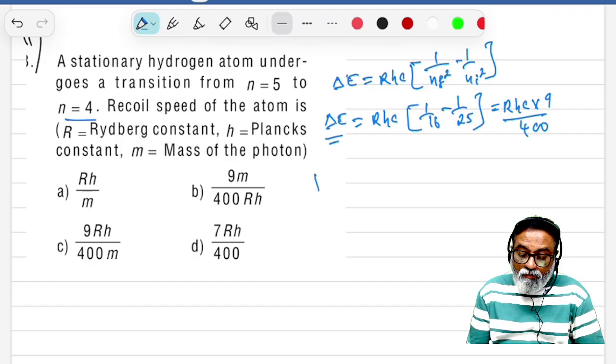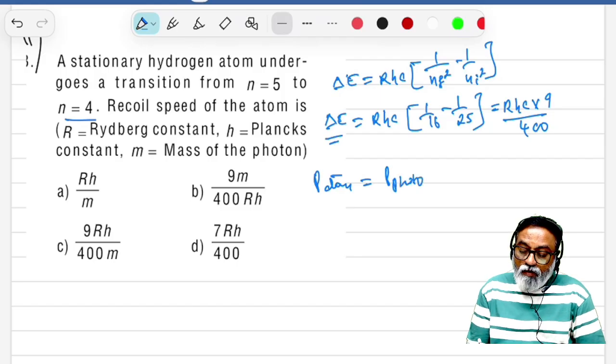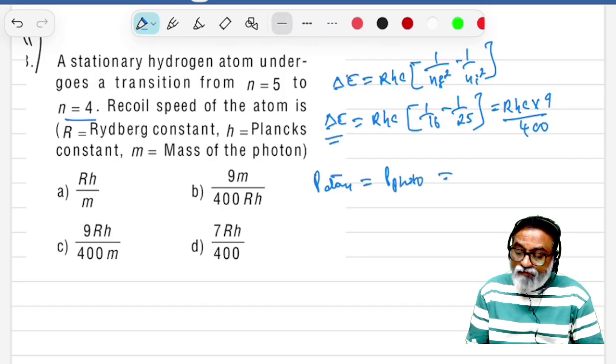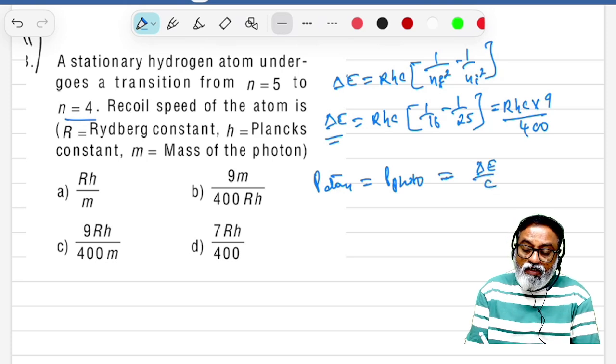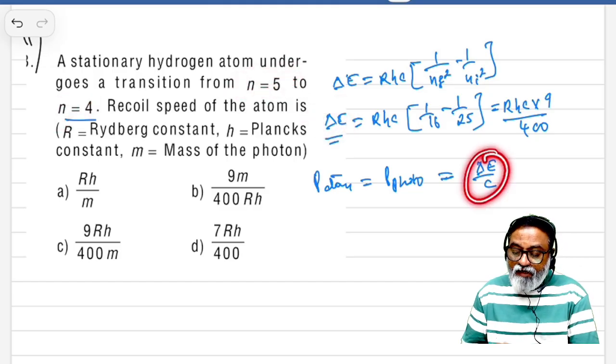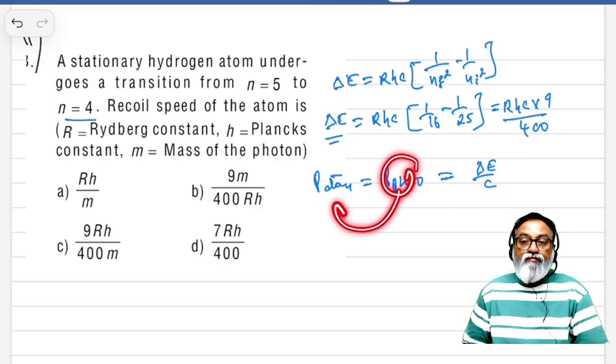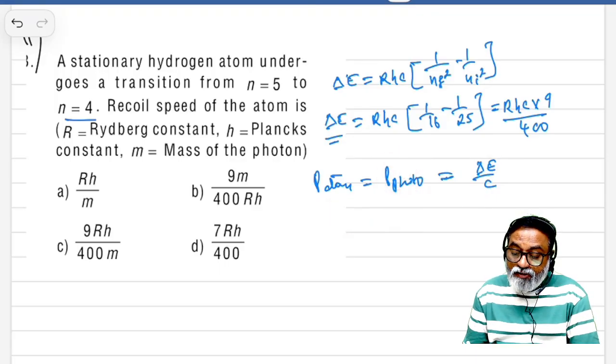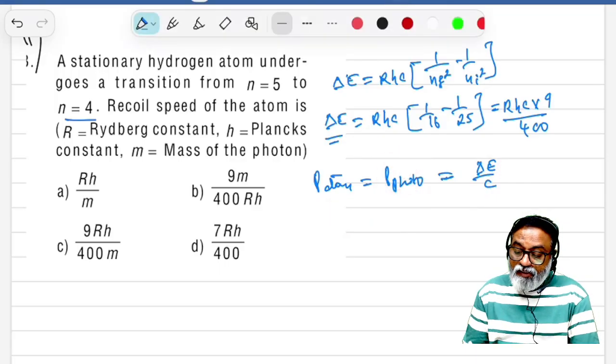But here, the momentum of the atom is equal to the momentum of the photon. The momentum of the photon is equal to delta E by C. This is the energy of the photon when n goes from 5 to 4, delta E, therefore delta E by C. This momentum is equal to the momentum of the atom.